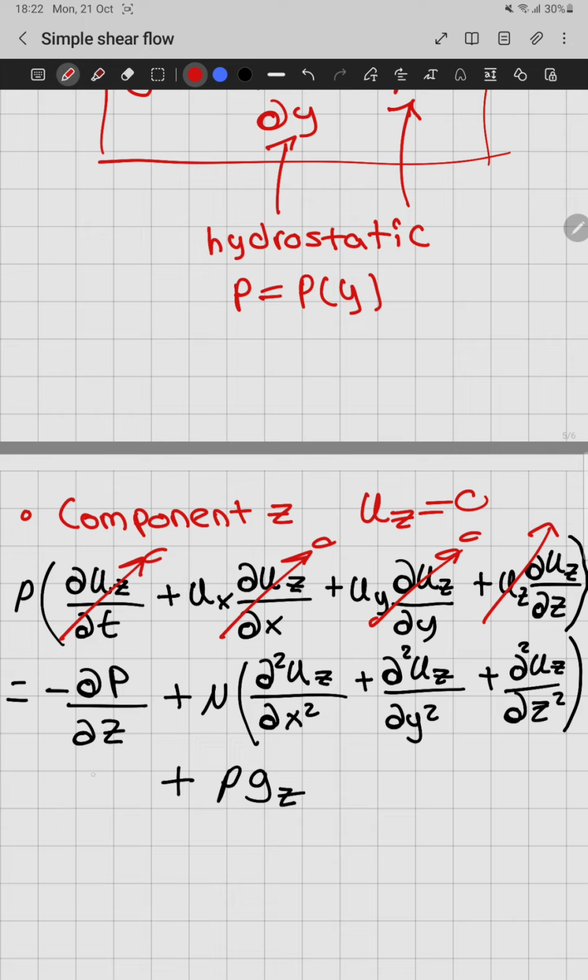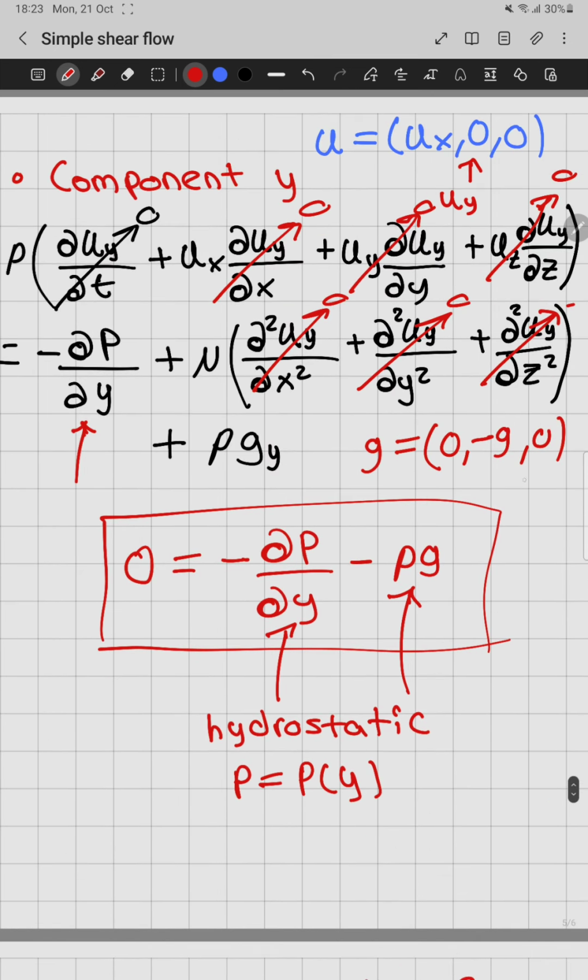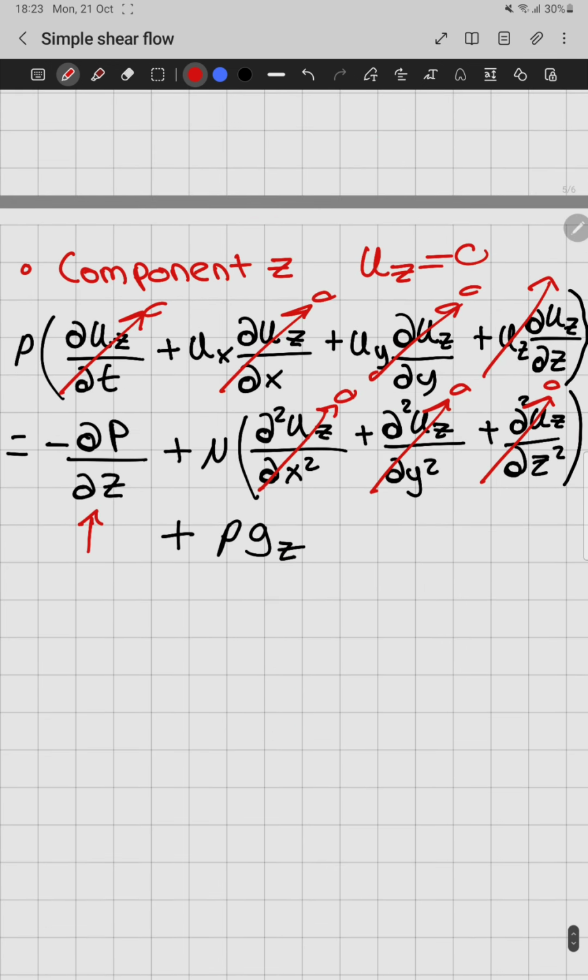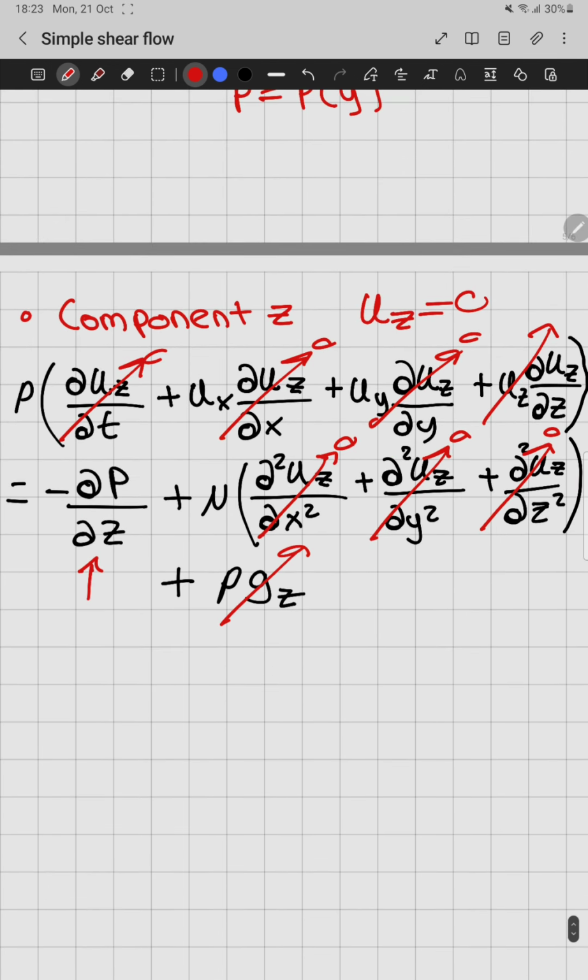We don't exactly know the value of this term. uc is 0, and then we don't have a contribution of gravity in c direction, so this is 0. So the equation is simplified to this. 0 is equal to minus.